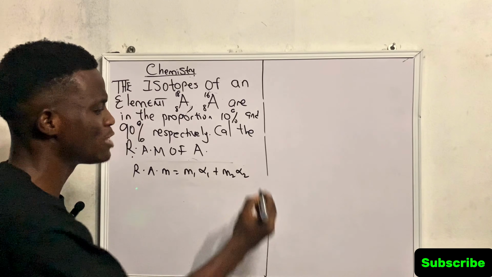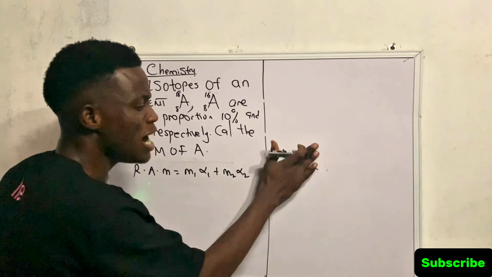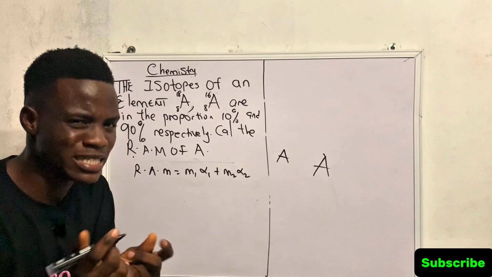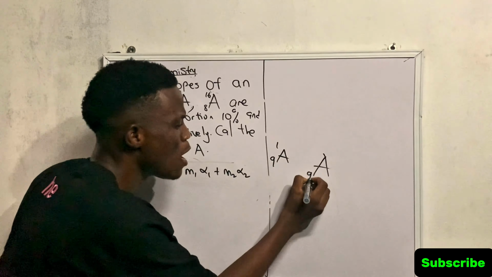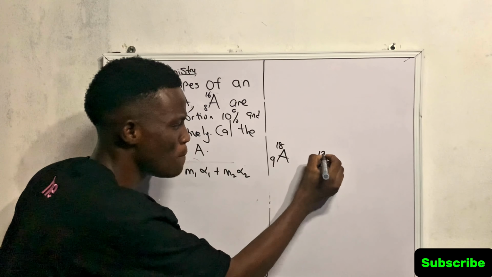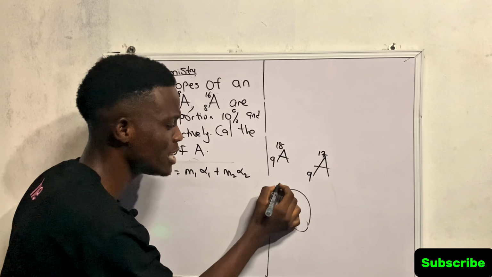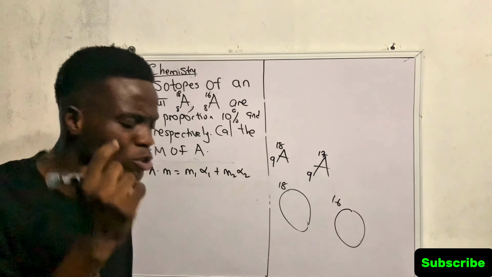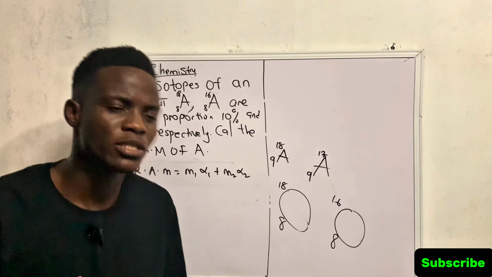That means I can have isotope A and B with the same atomic number but different mass numbers. That is why oxygen has isotopes: one has 18 as the mass number and the other 16, but their atomic number is always the same. Are you getting my point?